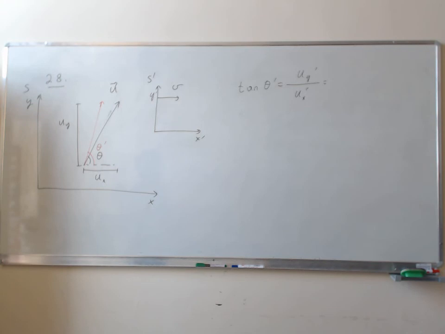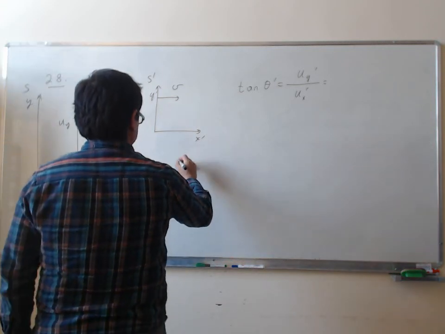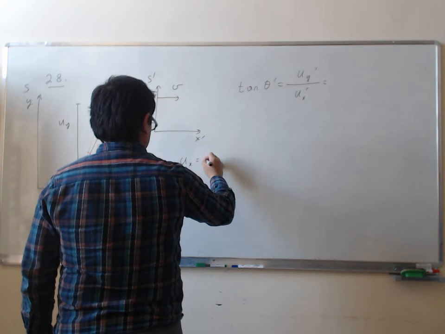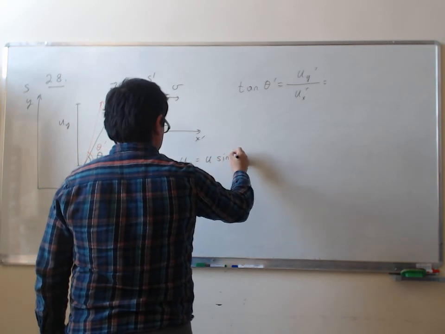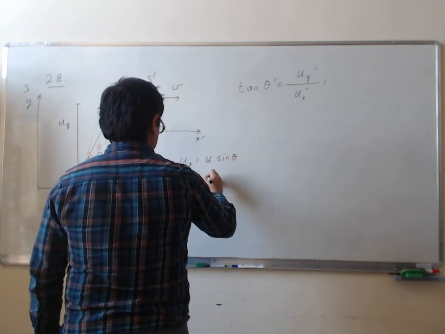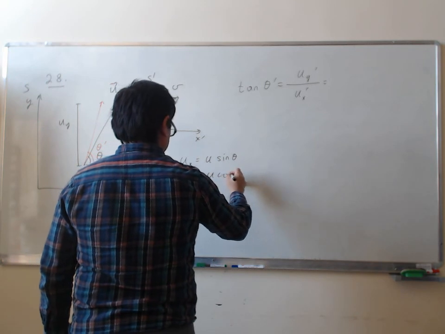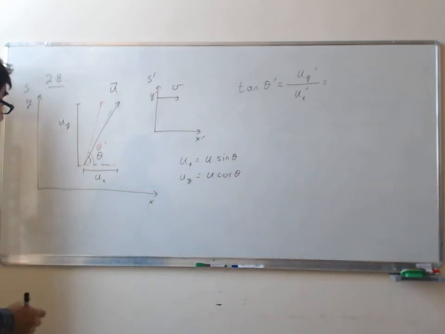So I suspect ux is going to be u times cosine theta, uy is going to be u times sine theta. You need to use these two identities as well, which you probably remember from Physics 105 or from calculus.